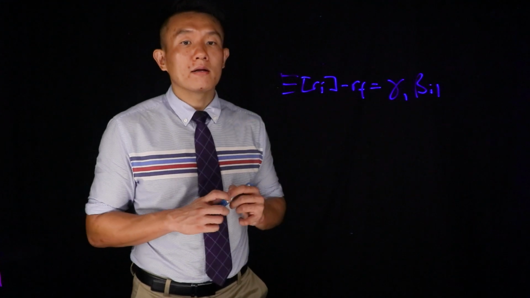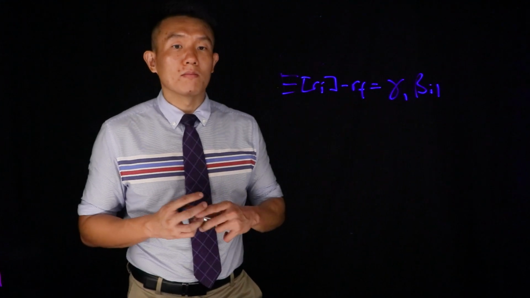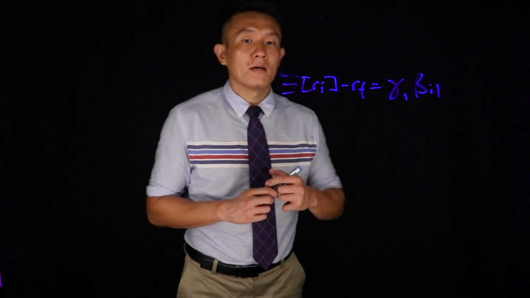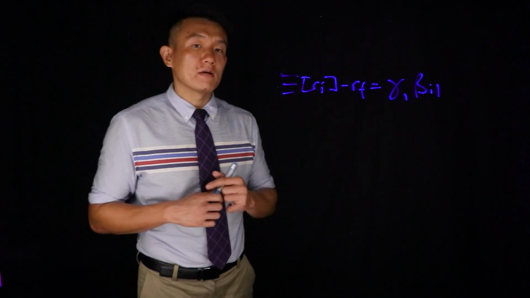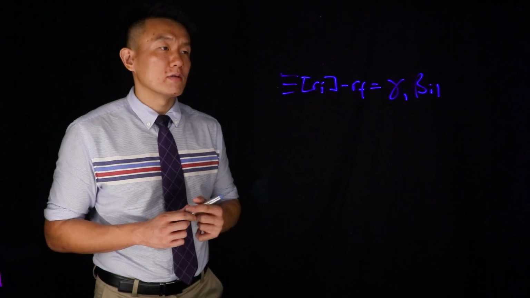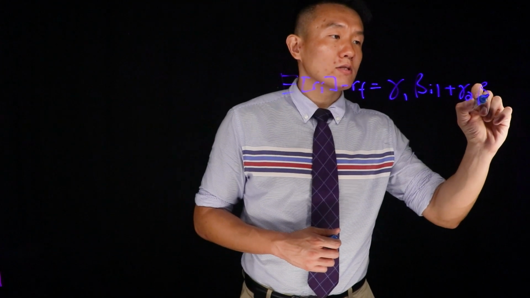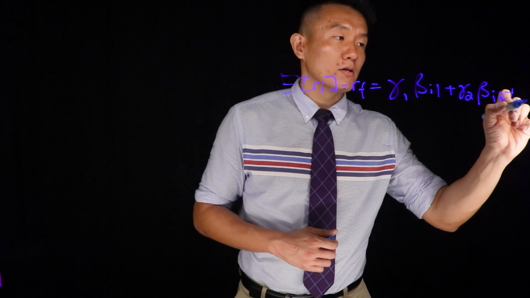So in the CAPM, the beta was the market beta, the risk premium was the market return. But instead of restricting ourselves to just having one relevant risk factor, we're going to have as many risk factors as we want to include.